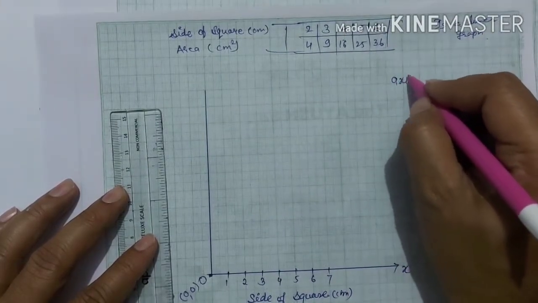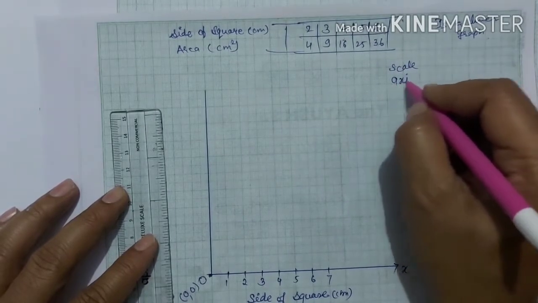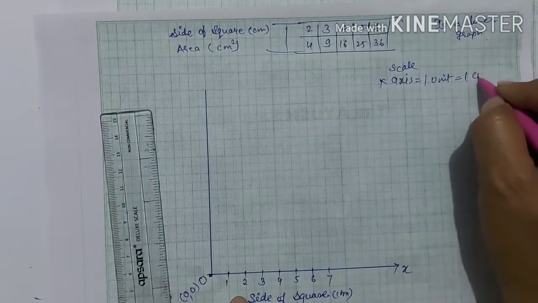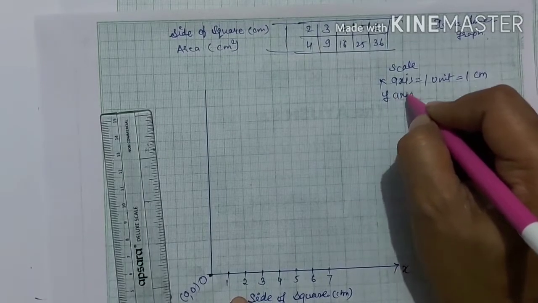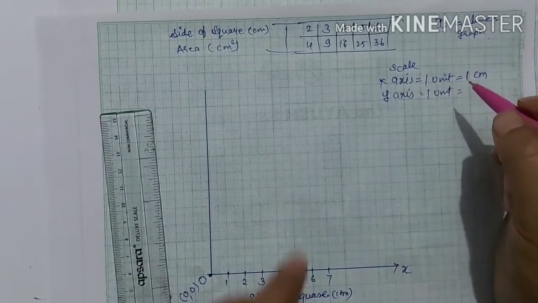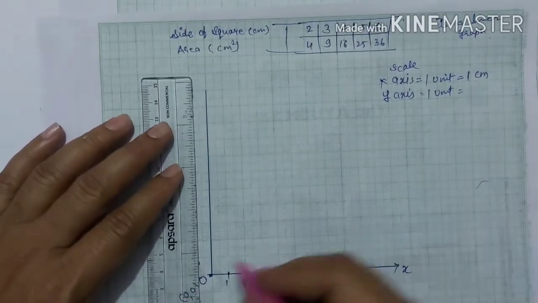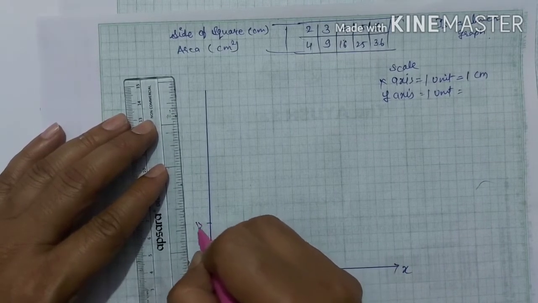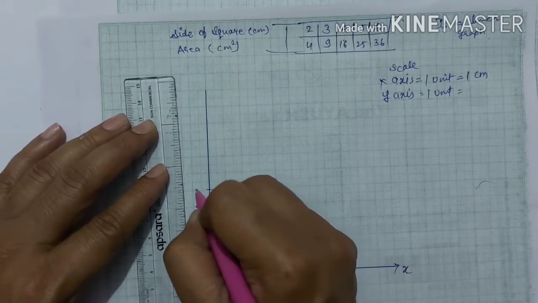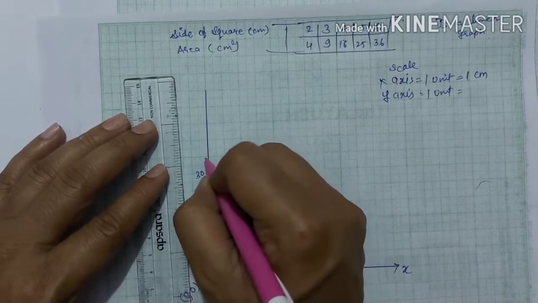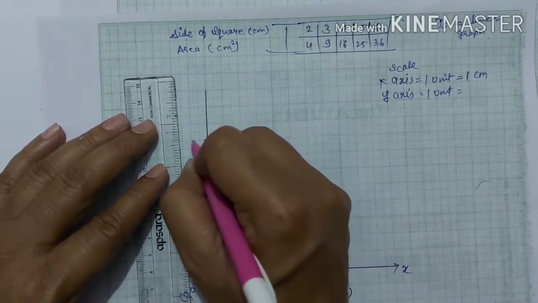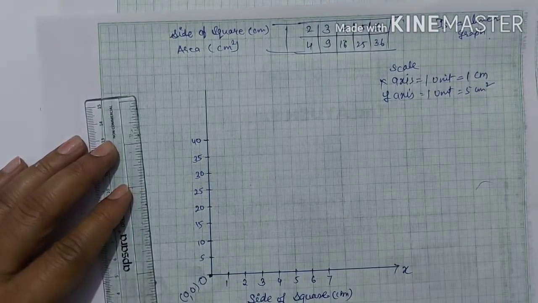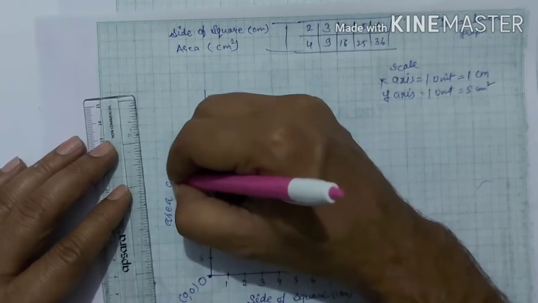Here we write the scale: on the x-axis 1 unit is equal to 1 centimeter, and on the y-axis you write 5, 10, 15, 20, 25, 30, 35 and 40. 1 unit is equal to 5 centimeter square. Here we write area in centimeter square.